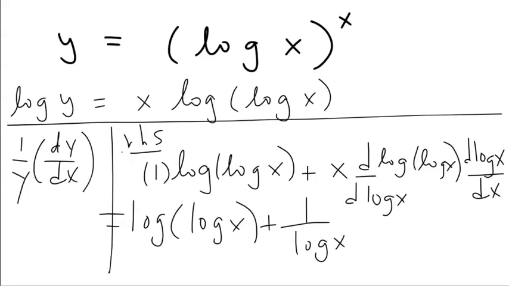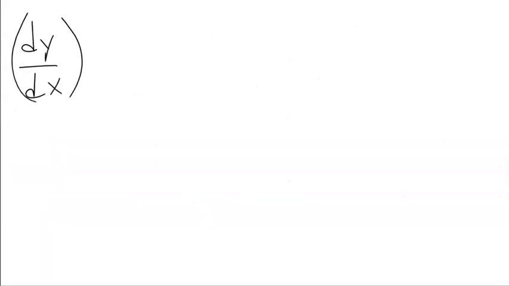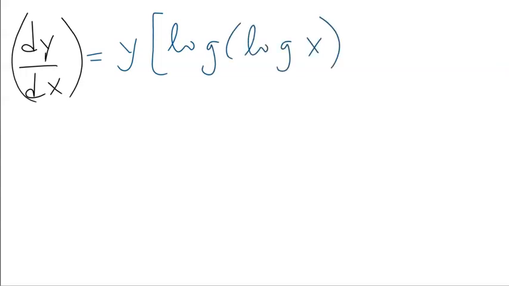So what we are looking for is dy/dx. Remember that we have to move 1 over y to the right hand side. So that means your right hand side will become y times [log log x plus 1 over log x].